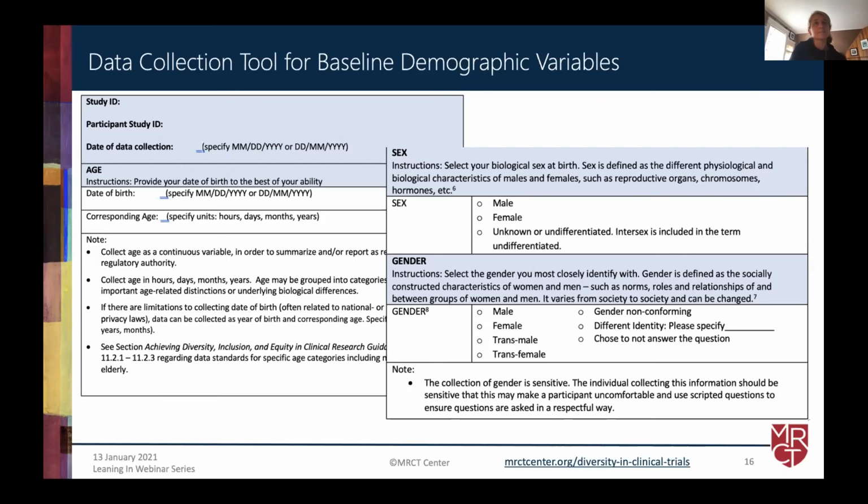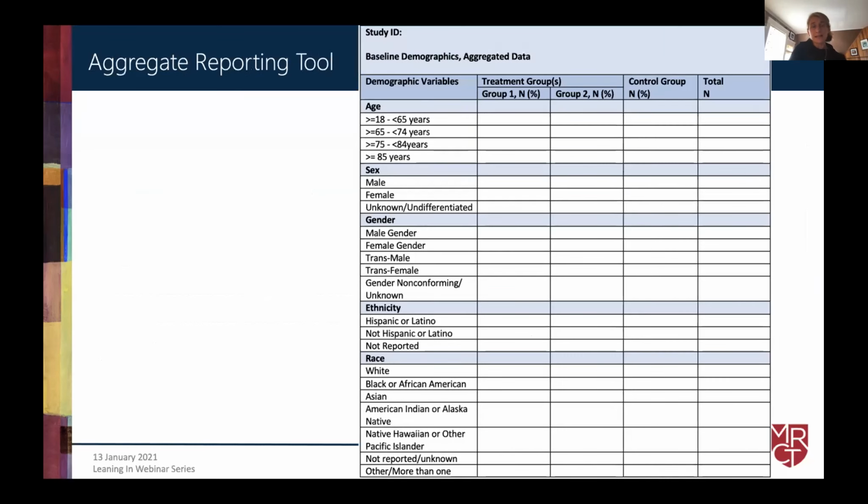Next slide. To complement that data collection tool, we also have created an aggregate reporting tool. And this is a model of how to categorize and report demographic information to regulatory authorities, oversight bodies, and clinical trial registries. Again, something that can be downloaded and modified depending on your specific protocol. Next slide.